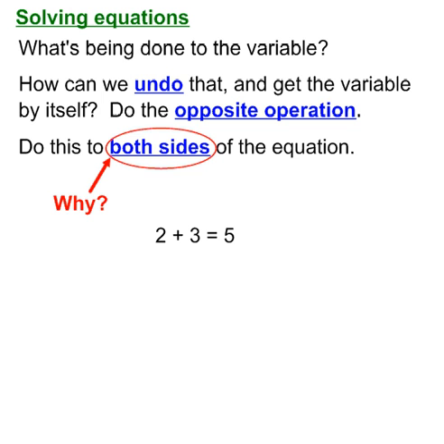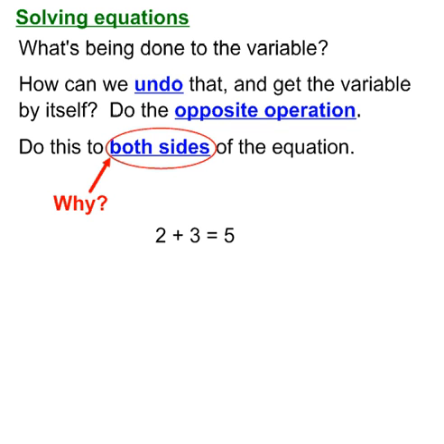If we have a true equation, here's a nice simple equation, 2 plus 3 equals 5. If we were to subtract 3 from one side of the equation, then we'd end up with this, and that's obviously not true. So that's not an equation anymore, and that means that we can't do that. We can't subtract 3 from one side of the equation.